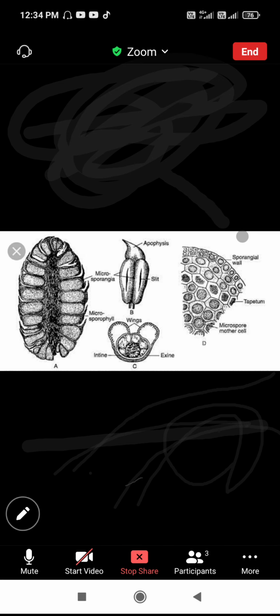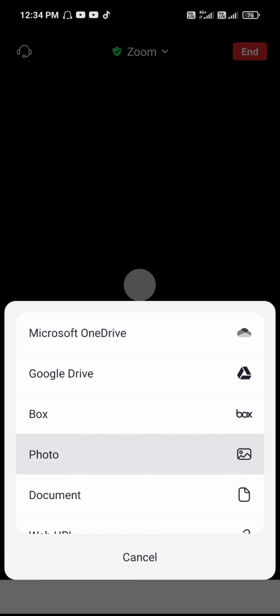Next, we have to discuss the development of megaspores. I will show a picture.